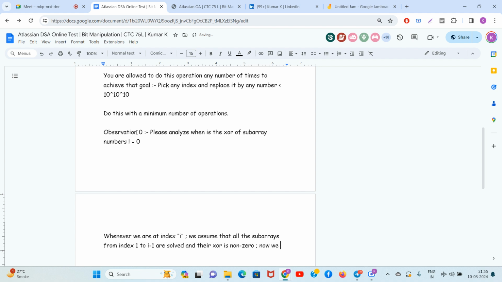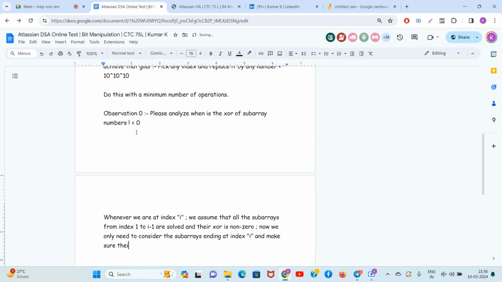Now we only need to consider the subarrays ending at index I, and make sure their XOR is non-zero.